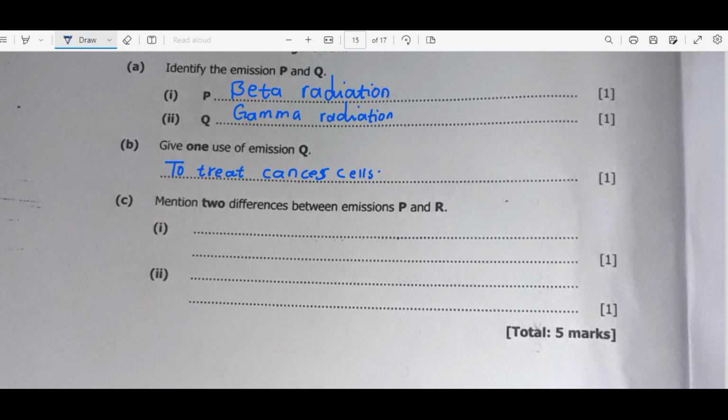So the first one, we can look at the charge. So we'll say P has a negative charge, whereas R has a positive charge.